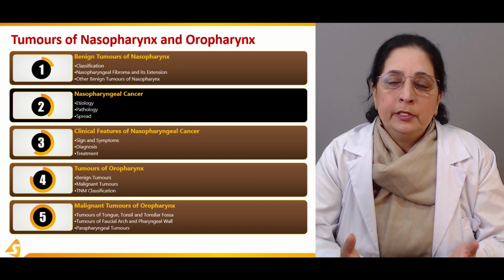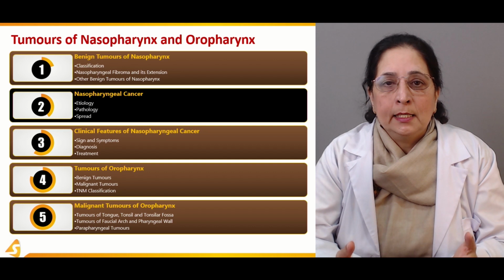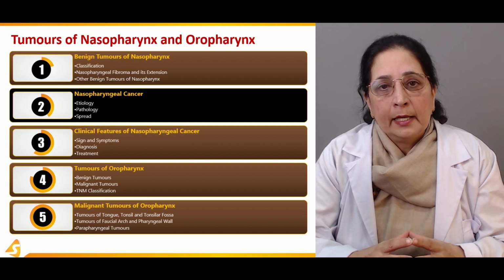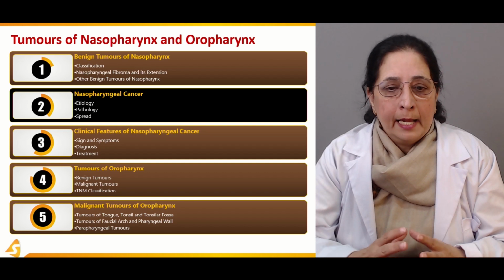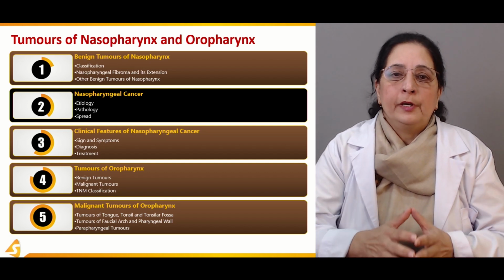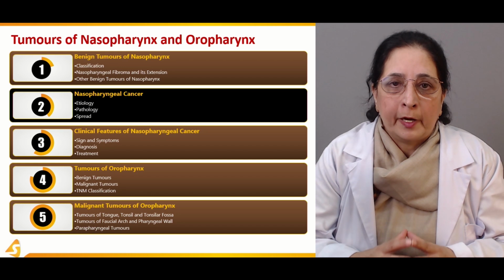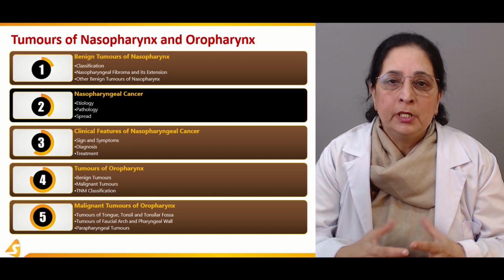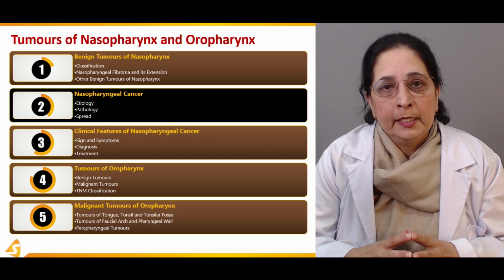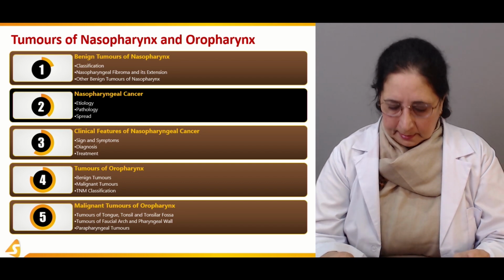What's the pathology? What's the abnormality in nasopharyngeal cancer? How is it formed or developed, and then how can it spread, or what are the different factors that can lead to the metastasis of nasopharyngeal cancer.